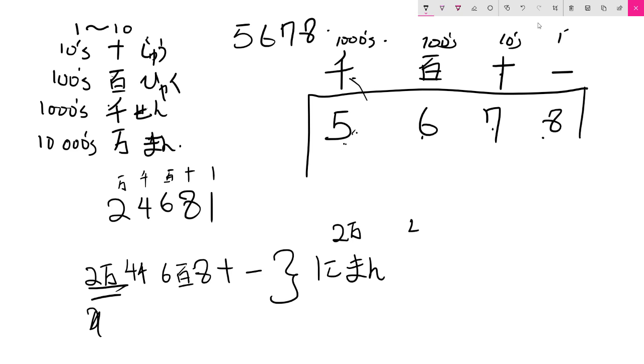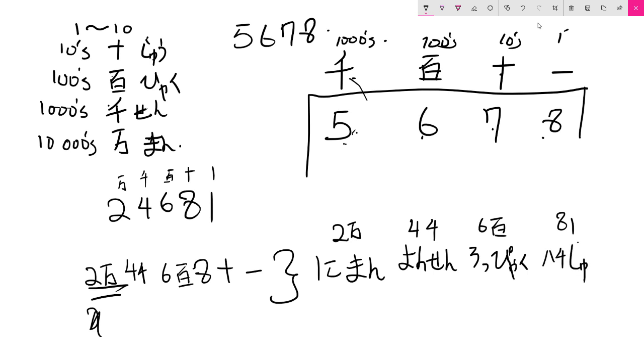Then we have 4,000. 600. And then 81. Right? So we have 81.